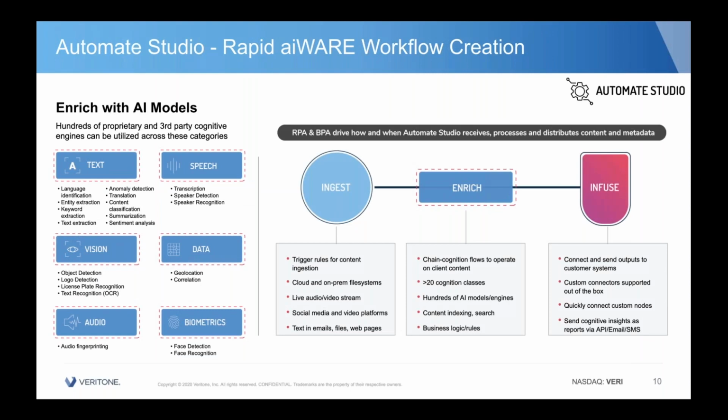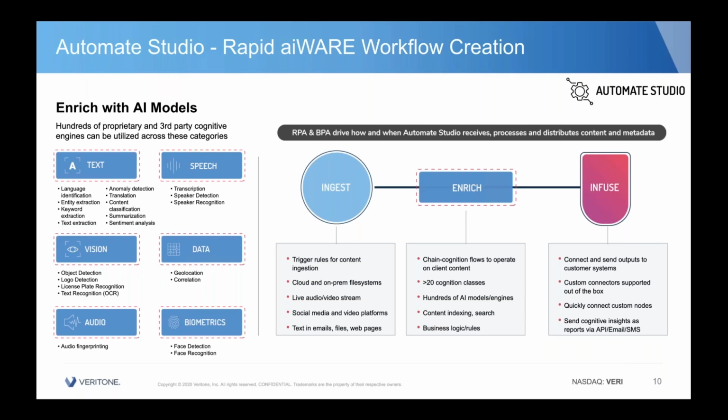So getting into the details of that ingest, enrich, infuse three-step process. First off, ingesting. This could be ingesting from cloud and on-premise file systems where you might have video or audio stored or various files. You might have a live audio video stream.